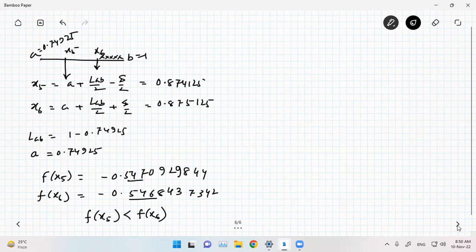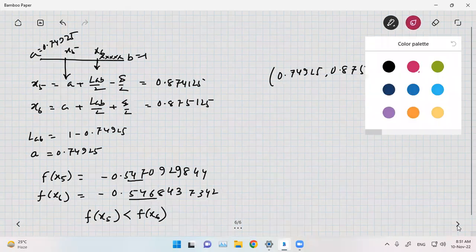So our new interval of uncertainty will be 0.74925 and 0.875125. Okay, so this is what we call the new values of A and B.